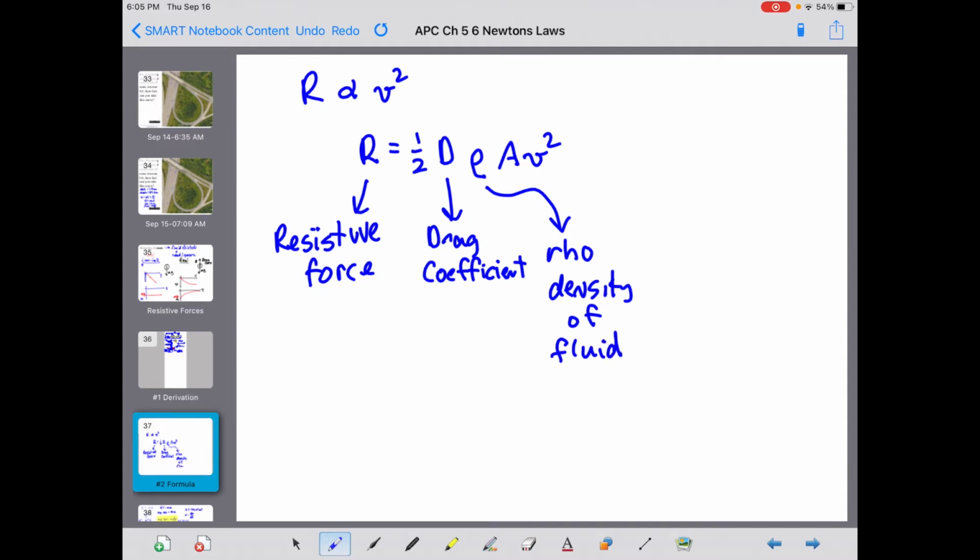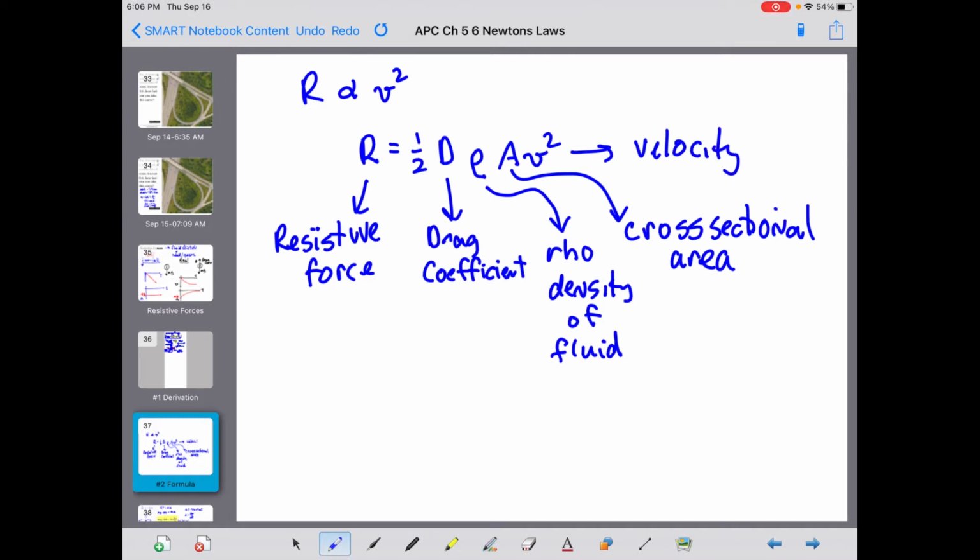In the case of air resistance, that would be the density of air. That's going to be a constant, so that would be a number you'd be given or you'd be able to look up. A is the cross-sectional area of your object. That cross-sectional area is the area perpendicular to the direction that it's falling. And then v is the velocity.